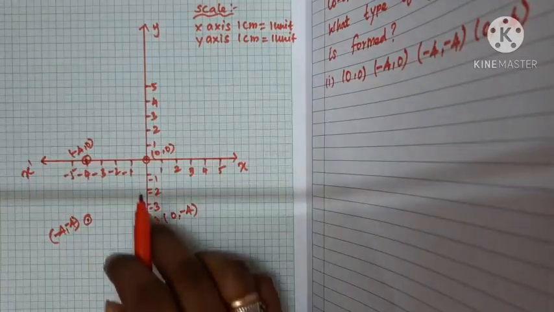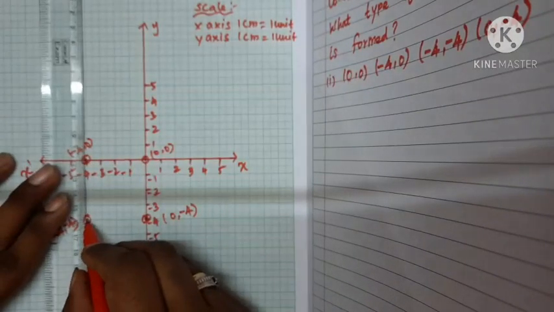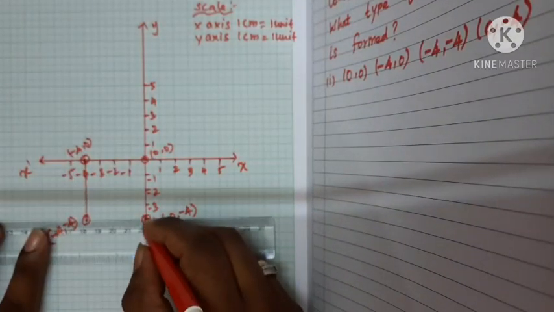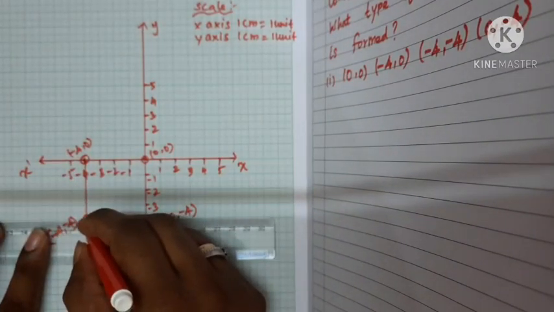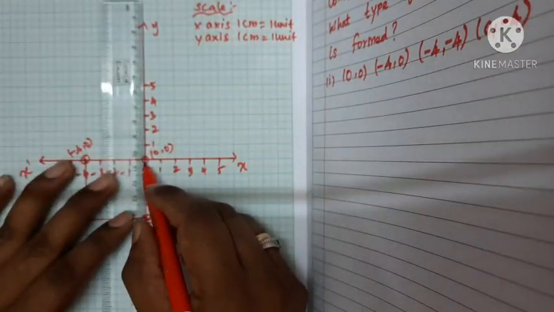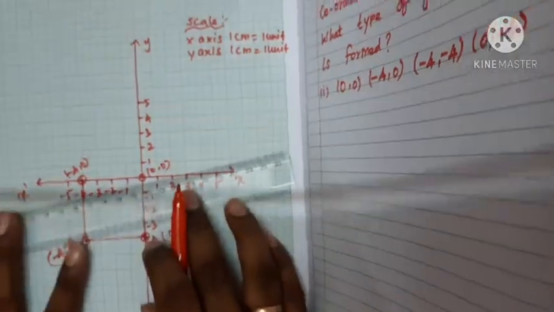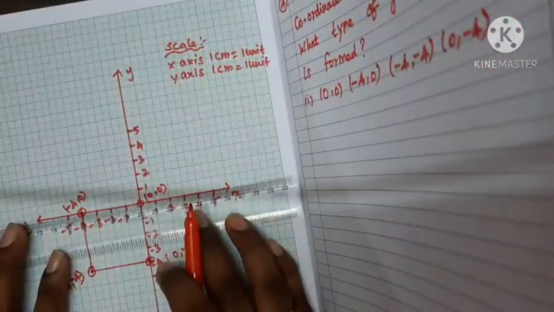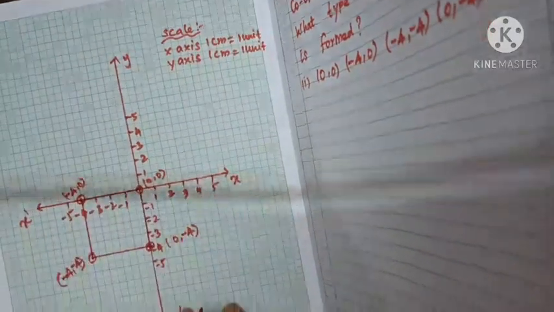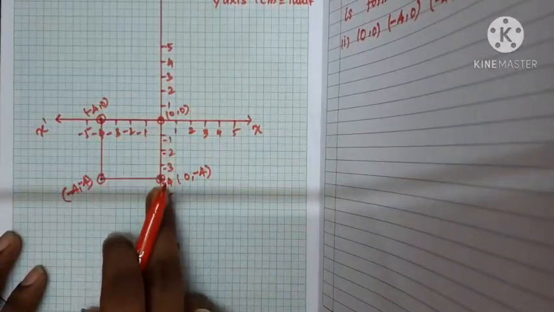Now we have to join all the points, which is already joined. Now the shape has all the sides equal.